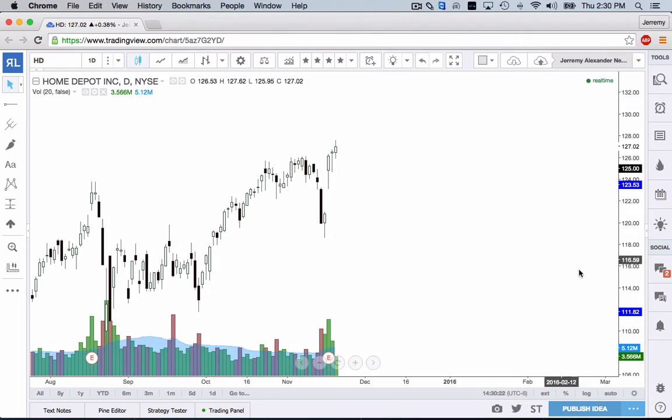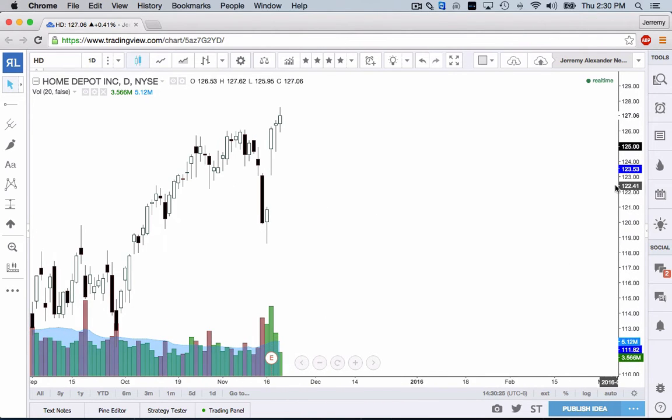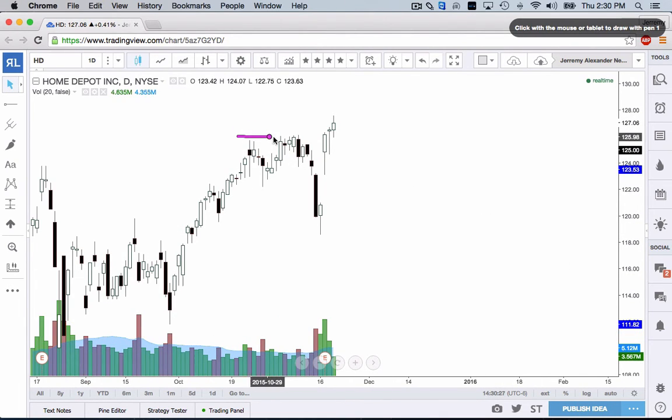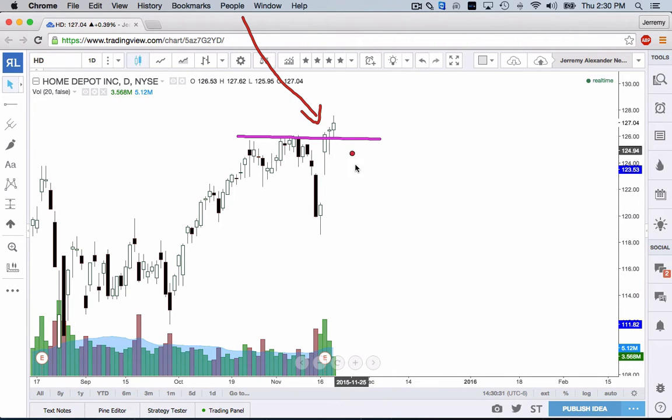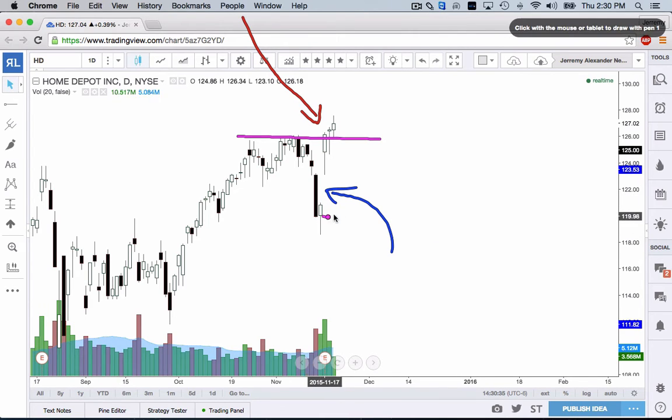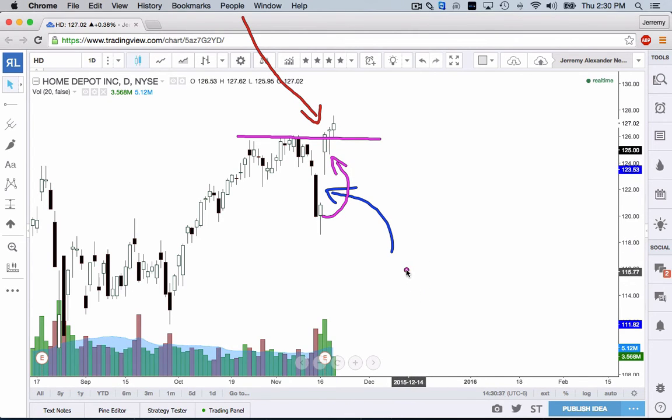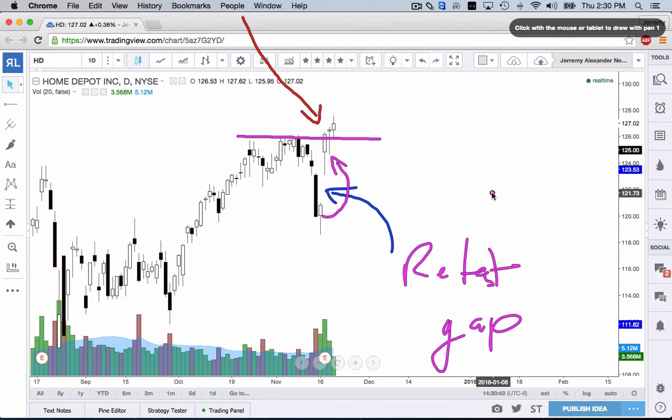So let's look at present day Home Depot right now. Ladies and gentlemen, this exact moment in time, Home Depot is breaking out of an all-time high. What type of gap is that right there? White candle gapping up. That is a retest gap. So if you said to me, Jeremy, Home Depot's at an all-time high. It's breaking out of a distribution phase. Dow Theory, I'm going bullish.